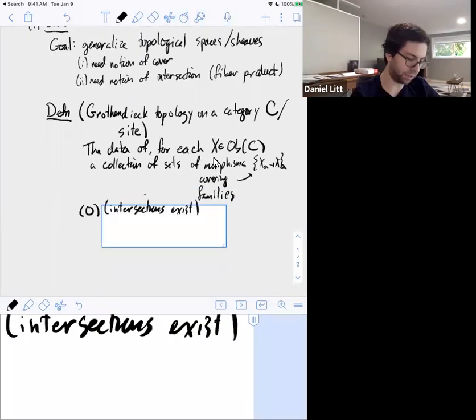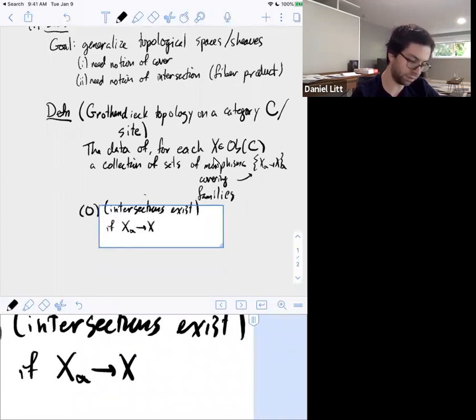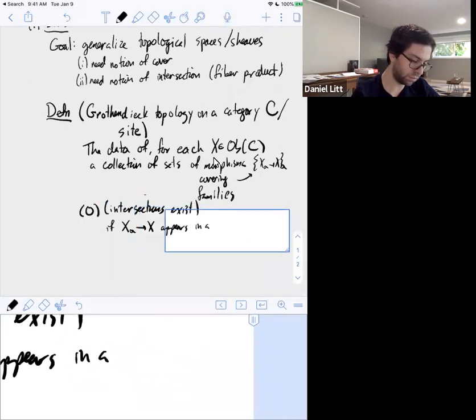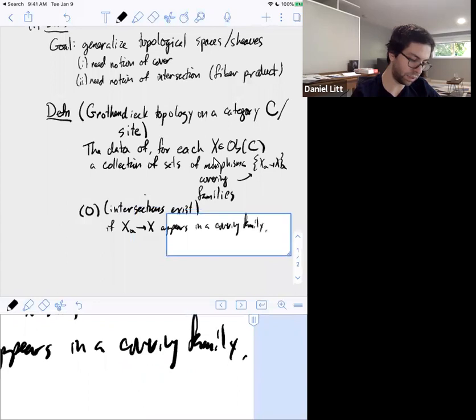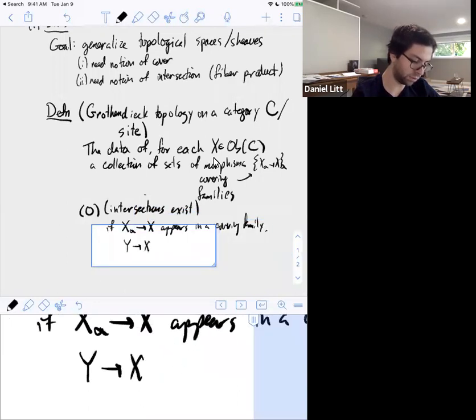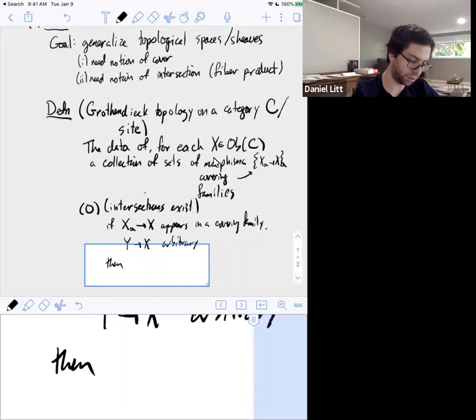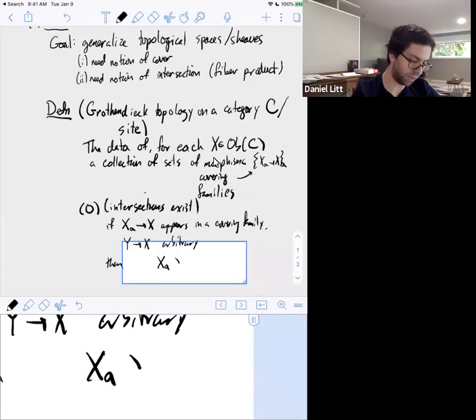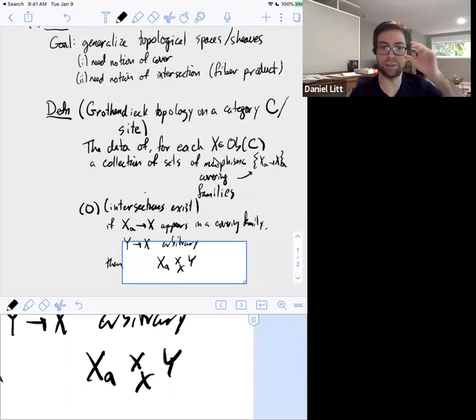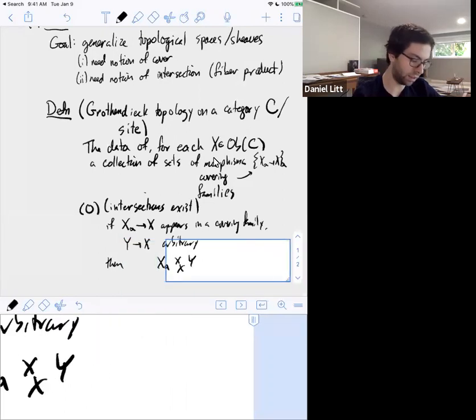This is the statement that if X alpha to X appears in a covering family, and Y to X is arbitrary, then the fiber product of X alpha with Y over X, which you're supposed to think of as the intersection of Y with an open X alpha, has to exist.